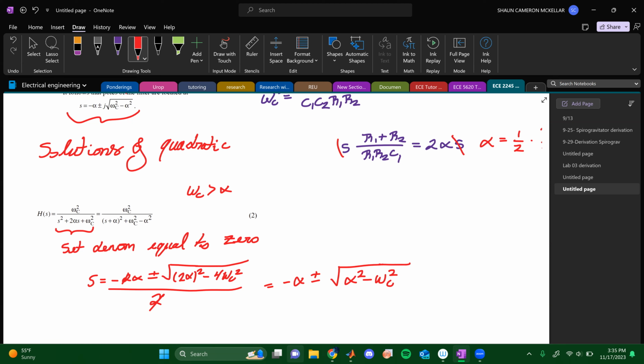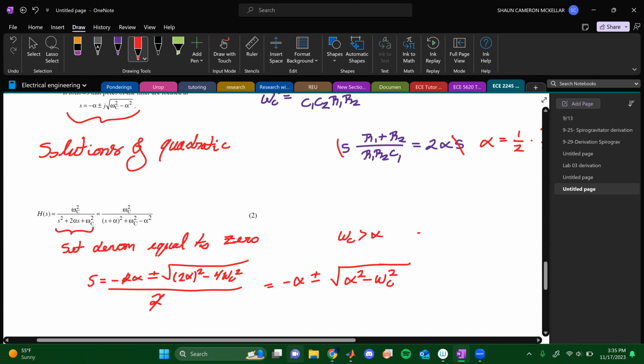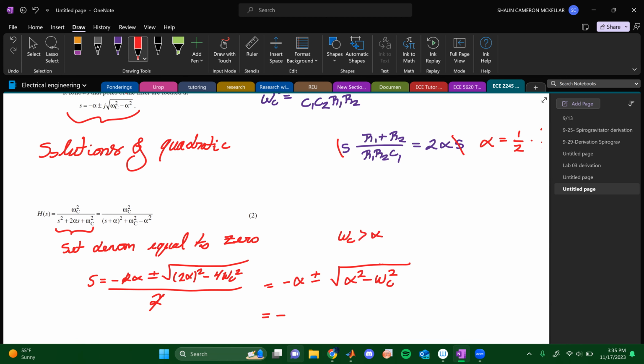And if this condition is true, omega c is greater than alpha, then this term, we should flip it around and we should pull out the imaginary number.